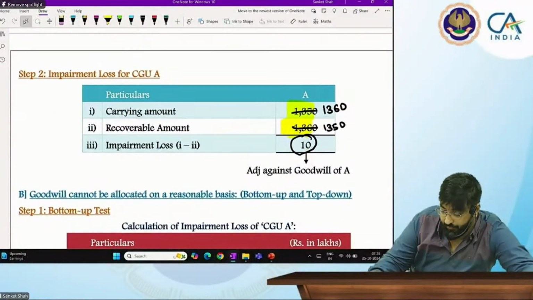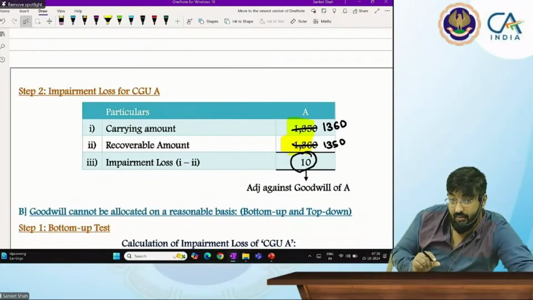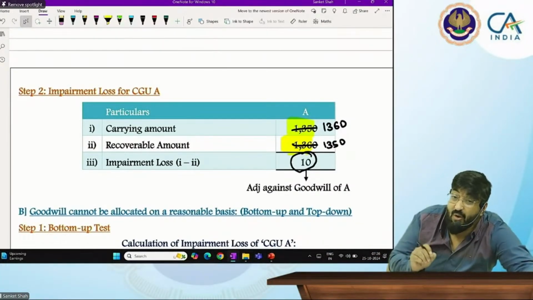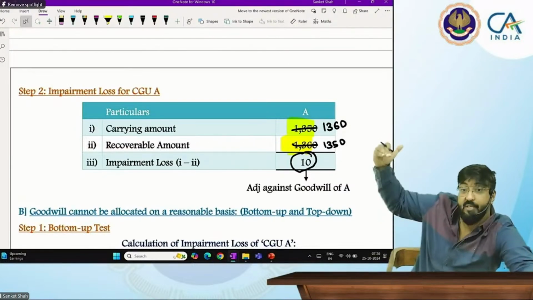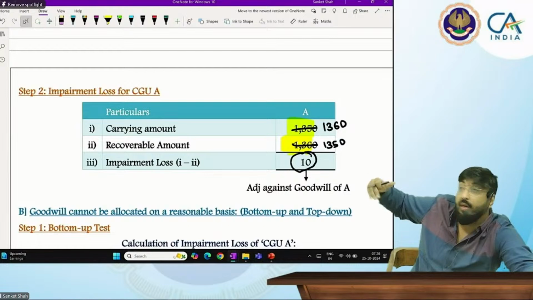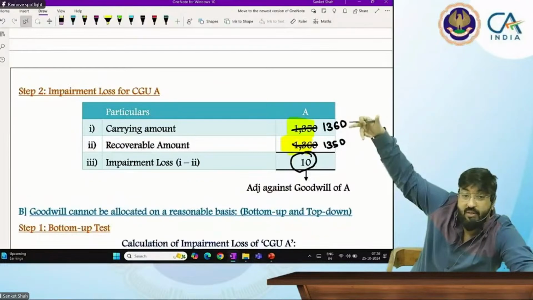Okay. Because this is a bottom-up test, therefore I have tested only and only CGU A. Bottom up, look at the spare parts, do not look at the car. Neha, this is just like a revision. Now you understood it, no?